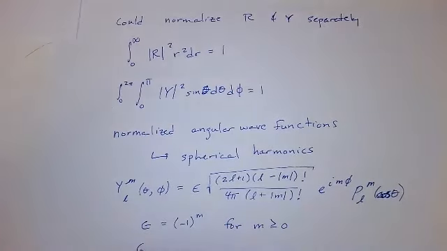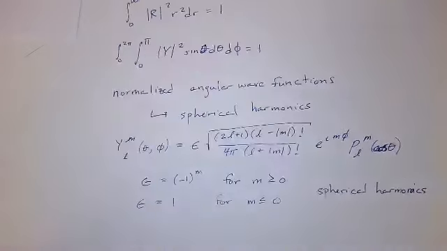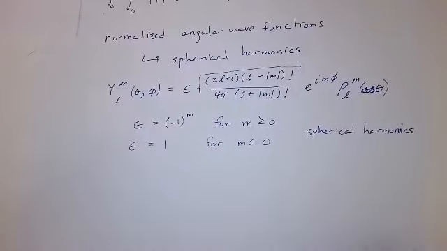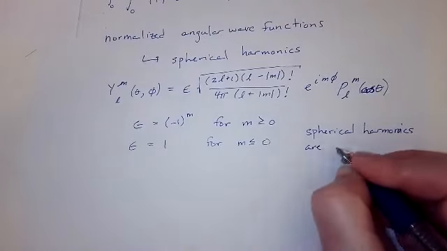And what about for our negative values of m? Well, it's just going to be 1 for our negative values of m. All right, so that lets us know that our spherical harmonics are orthogonal.